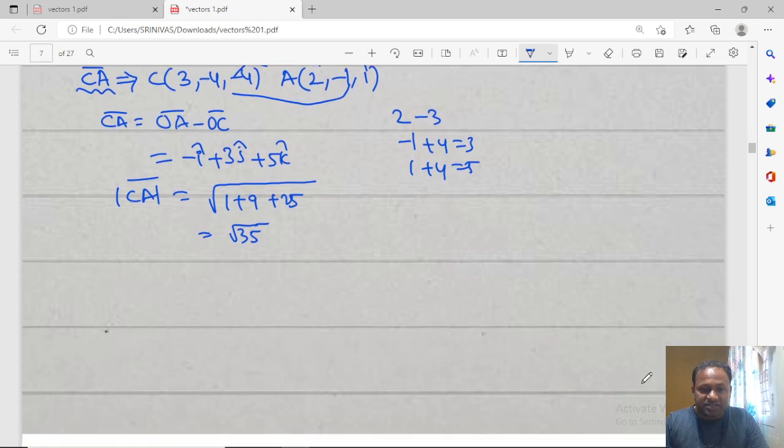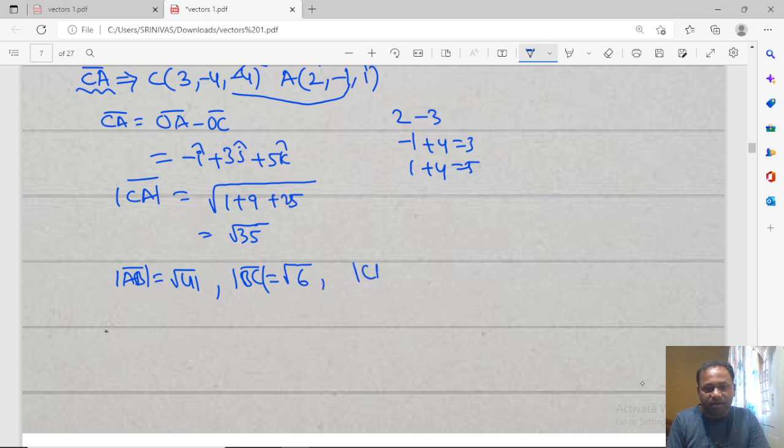Okay. Right. So these are all the values we have. First, mod AB bar is equal to root 41. Mod BC bar is equal to root 6. Mod CA bar is equal to root 35. Okay, see this. Mod BC bar square plus mod CA bar square is equal to mod AB bar square.